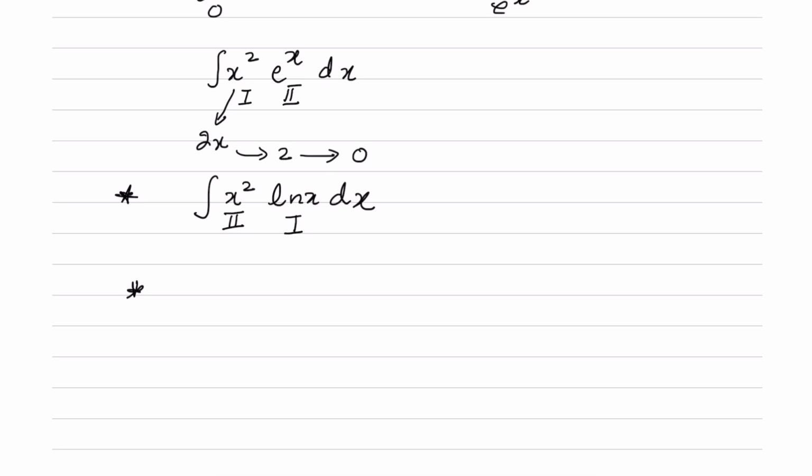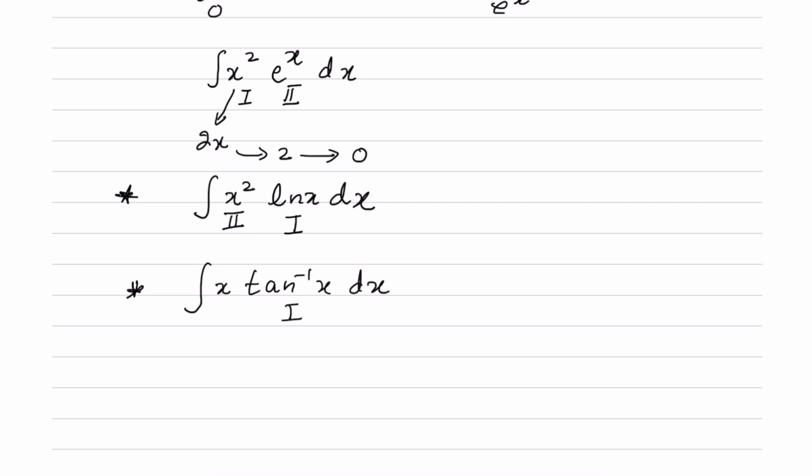Another thing to keep in mind is, let's say you have to solve the integral of x into tan inverse x dx. In this case, although you know the derivative of x and it vanishes if you keep taking higher order derivatives, always remember that whenever an inverse trigonometric function is involved, you always call it the first function.